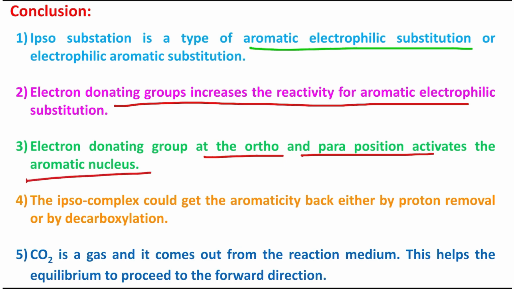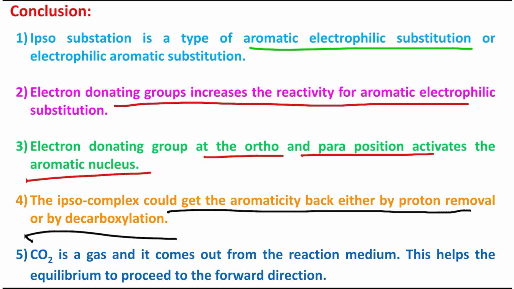And remember student, that ipso complex could get the aromaticity back either by proton removal or by decarboxylation. But if proton removal happened, then the original reactant will get back. But if CO2 elimination happened, then it will result in another product. And since the CO2 is gas and it comes out from the reaction medium, it helps the equilibrium to proceed in the forward direction, means the ipso substitution reaction.